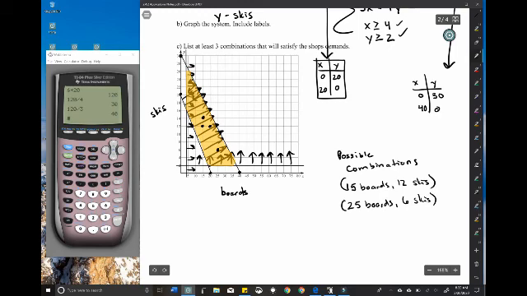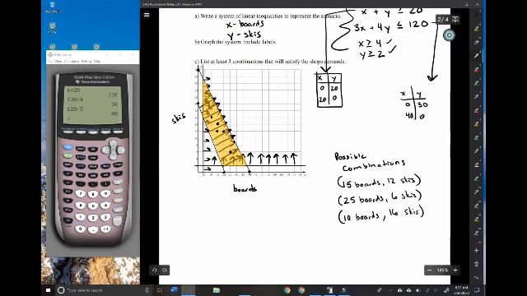Or maybe we're feeling more skis, less boards. 10 boards and 16 skis. Okay, so I'm definitely going to be checking your graphs, and of course, do you understand what those mean? Okay, that is a general idea.